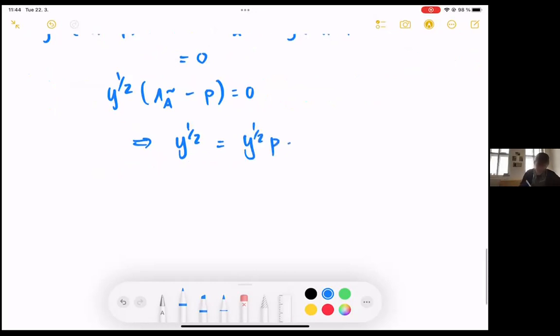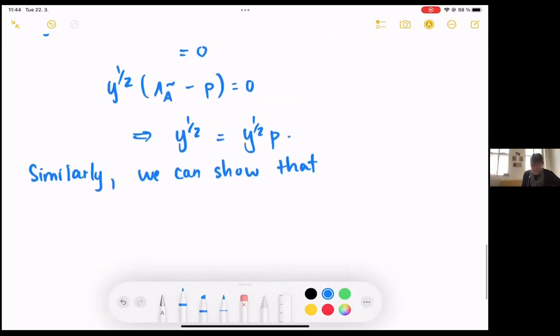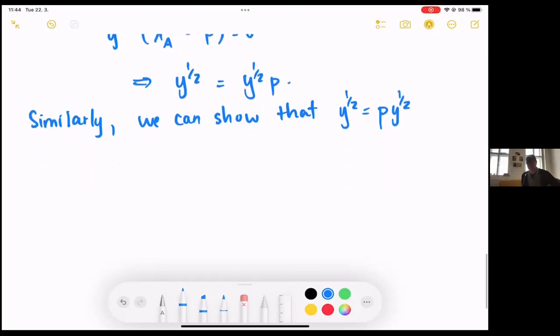Similarly, we can show, so I'll let you fill in the blanks here, the opposite, just basically by taking the star of everything and using the fact that these are all positive, that Y half is also equal to P Y half.